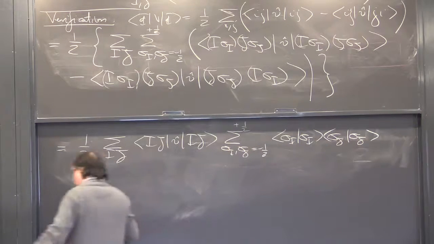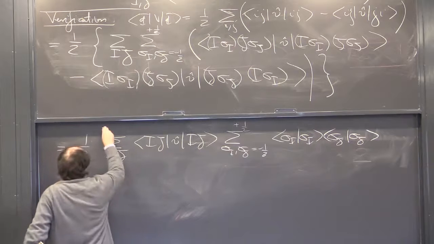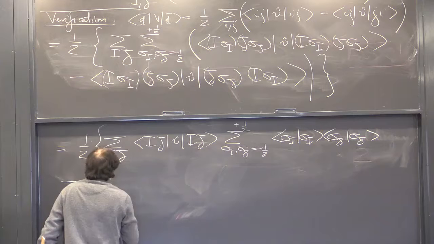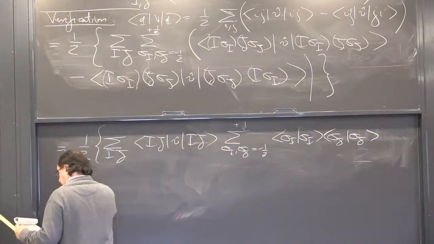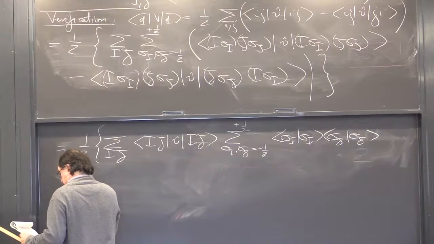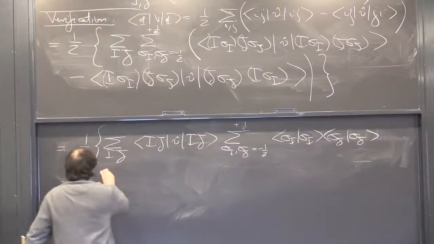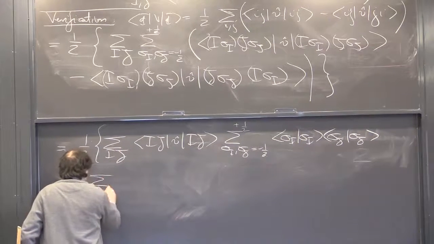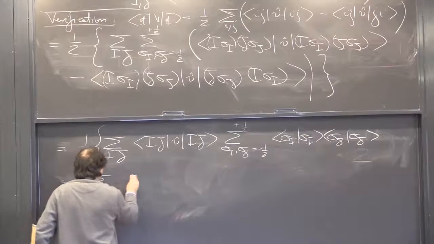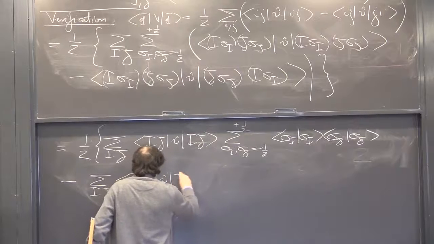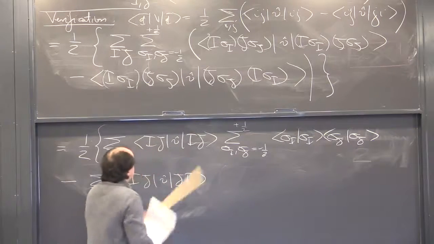And for the other part, we have minus a summation over ij, once again. We'll have a matrix element ⟨ij|v|ji⟩, when I get rid of the spins.